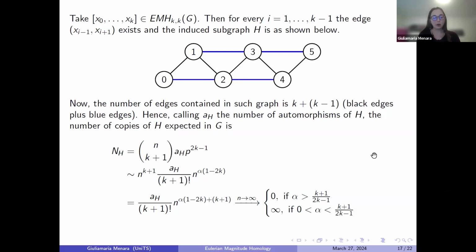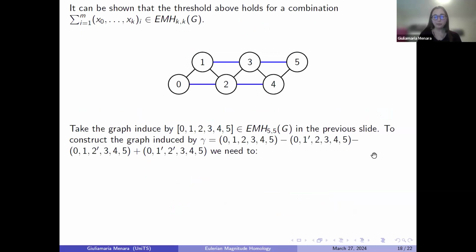So now, how do we construct those graphs? Well, let's start from the graph we saw just now, and let's say we want to build the graph induced by the Eulerian homology cycle 0, 1, 2, 3, 4, 5 minus 0, 1 prime, 2, 3, 4, 5, and so on.